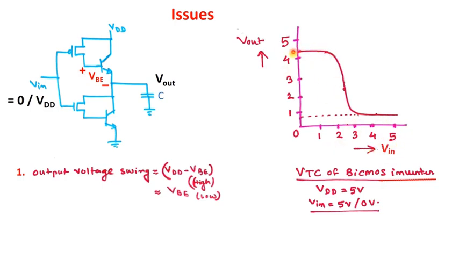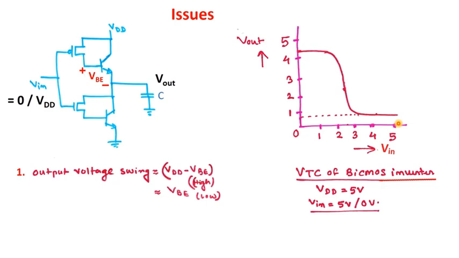You can notice here that the maximum output voltage V out can reach is around 4.3 volt, and the minimum output voltage will be around 0.7 volt. So we will not get the full swing as we used to get in case of CMOS logic circuit, right? I think you have noticed that, right?